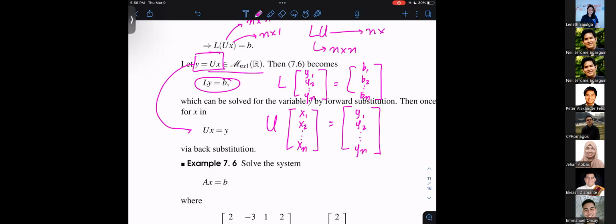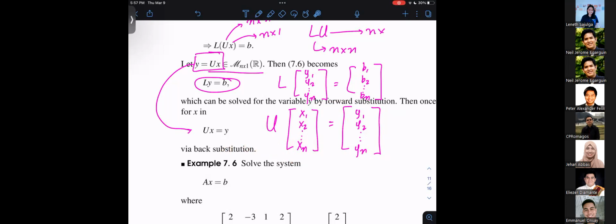But again, this is not a big deal because U is upper triangular, so we can solve the current system by performing back substitution. So we can go from the bottom up, right? Since this is upper triangular, the last row would be comprised of all zeros except the last entry.